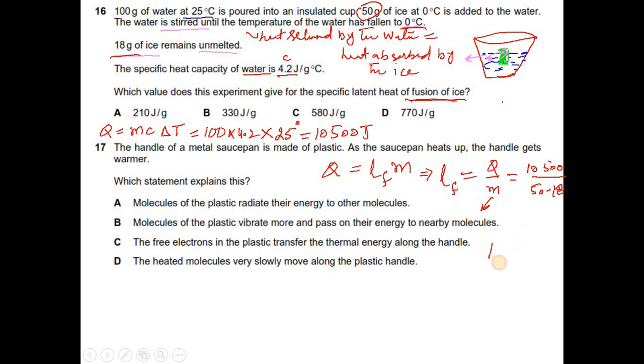So the latent heat of fusion, 10500 divided by 32, is equal to 328.125 joule per gram. So 328 rounded off to, I guess, 330. So your option is B.